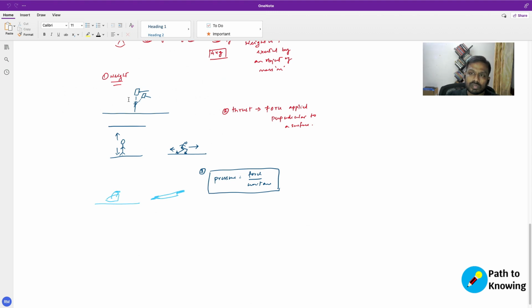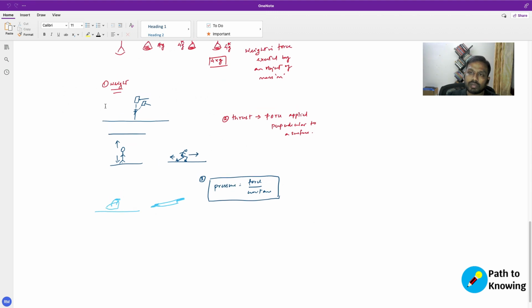But these are very useful things which we will use in our day-to-day life from a practical standpoint, which is weight, which is the force exerted by a mass of certain quantity. Thrust is again force that is applied perpendicular to a particular surface, and pressure is nothing but the force per unit area.